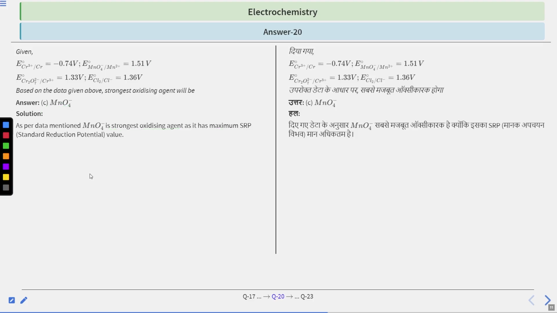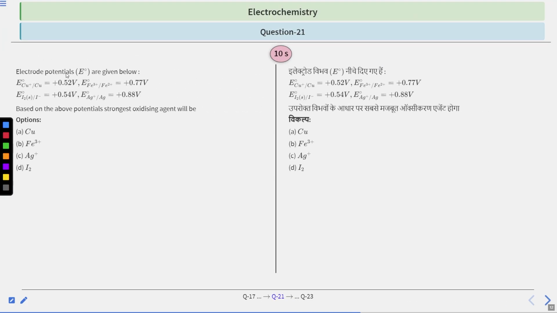Okay, let's move to the next question. Question number 21. Electrode potentials E naught are given below. So it is given that E naught for copper is 0.52 volt, E naught for Fe3 positive is 0.77 volt, E naught for I negative is 0.54 volt, and E naught for Ag is 0.88 volt.